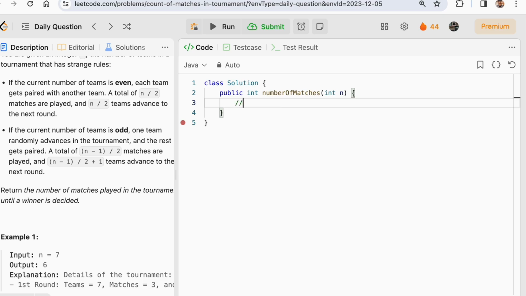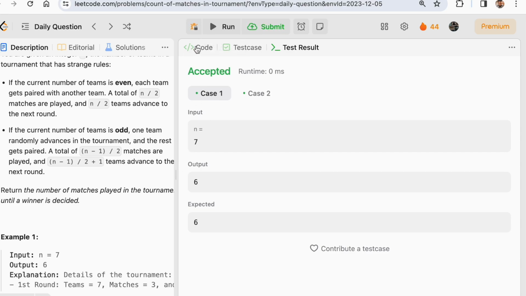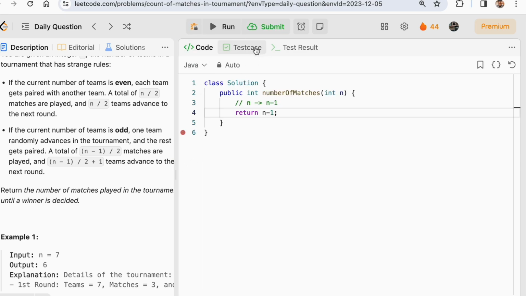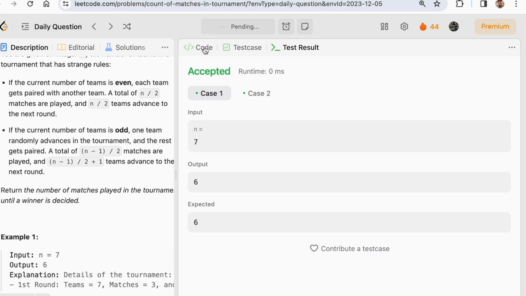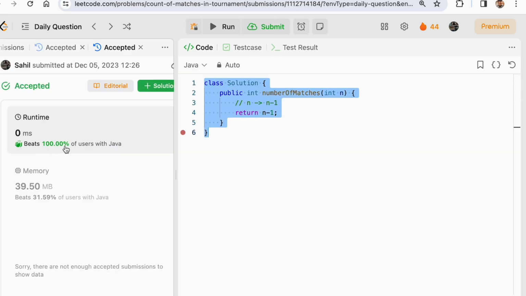So we have come to the conclusion that for n teams in a single tournament, we are going to have n minus 1 matches. So you can directly return n minus 1. And if you want, let's also try to submit that, to see whether it is fine or not, based on the percent of users with Java.